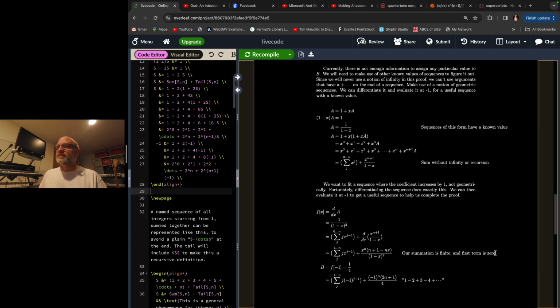The first term is 0. So we can say that when we differentiate it, these two are equal, where I only start at term 1, because term 0 is known to be 0 because it's times j. So now I have from 1 to n, this sequence, and this complicated tail.